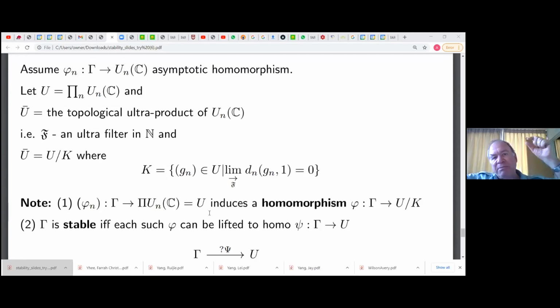Remember the distance between phi n of GH and phi n G times phi n H goes to 0, which means that modulo K these are true homomorphisms. So we are back in the category of homomorphisms that we know how to work with.